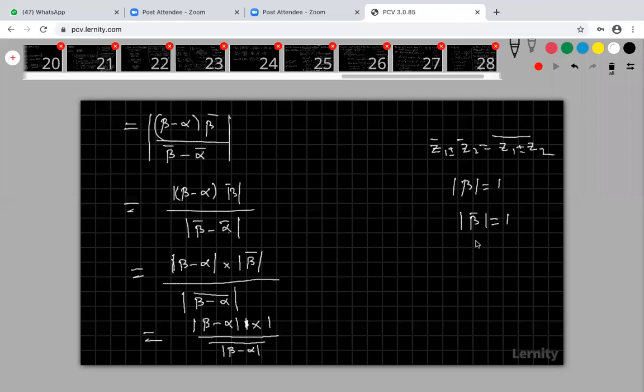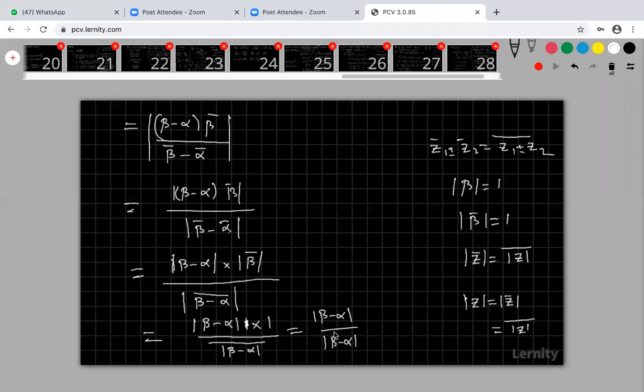The modulus of Z bar is equal to the modulus of Z, another result I am using. So the modulus of beta minus alpha divided by the modulus of its conjugate, both are equal, into 1.